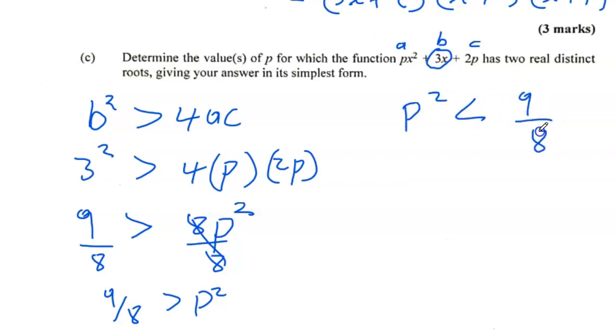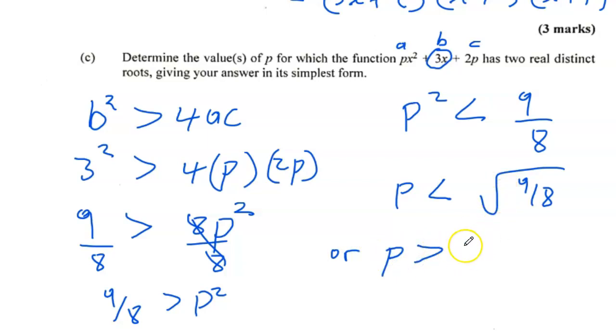over 8, which means that if we take the square root of both sides, p is less than the square root of 9 over 8. Or p is greater than the minus square root of 9 over 8.